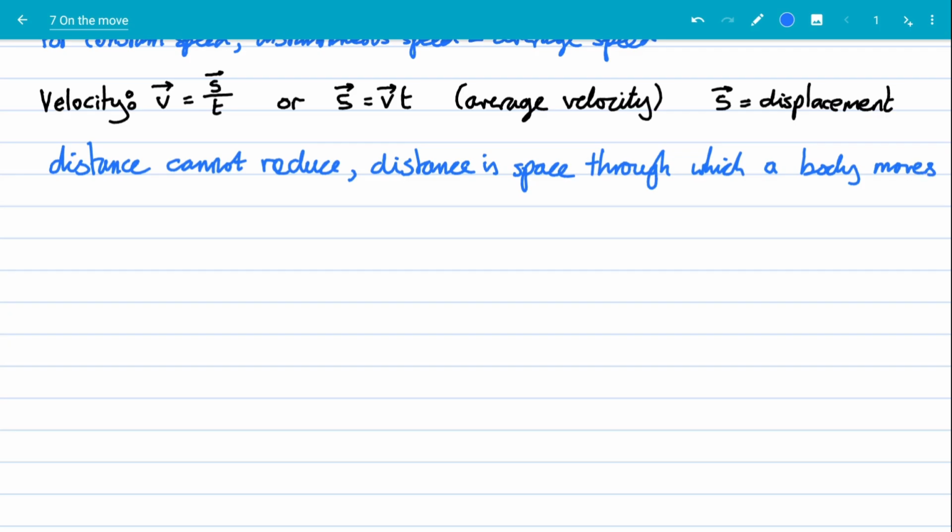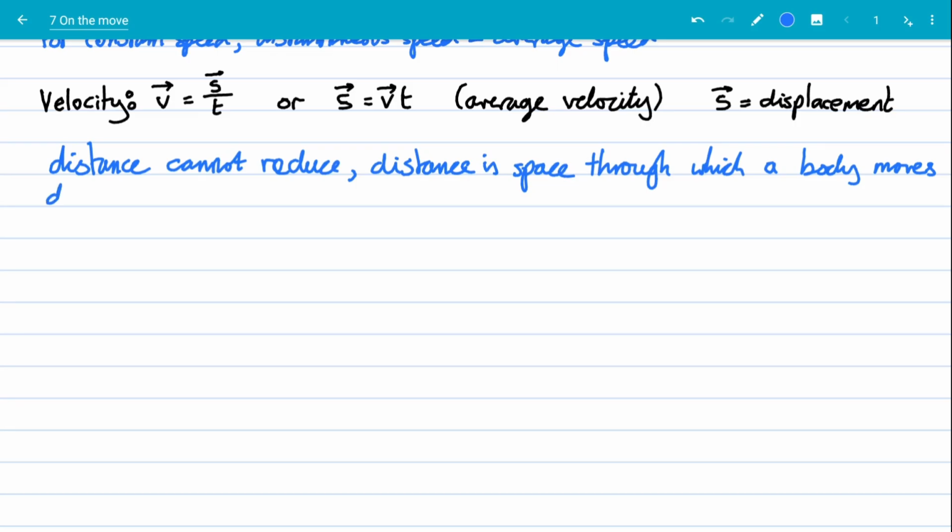Now, colloquially, we'll just say distance is how far away something is. You know, what's the distance from me to my shed? And I could measure that in meters. And I can make that distance smaller by moving towards the shed or bigger by moving away from the shed. In physics, we wouldn't call that a distance. Distance is the space through which a body is moved.